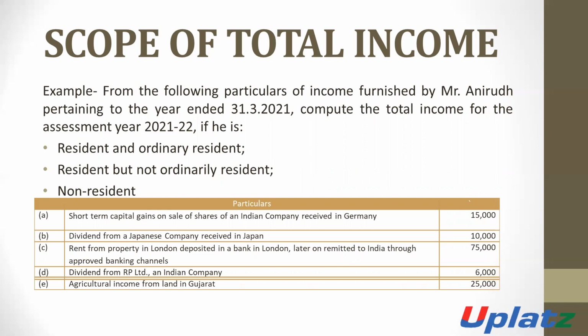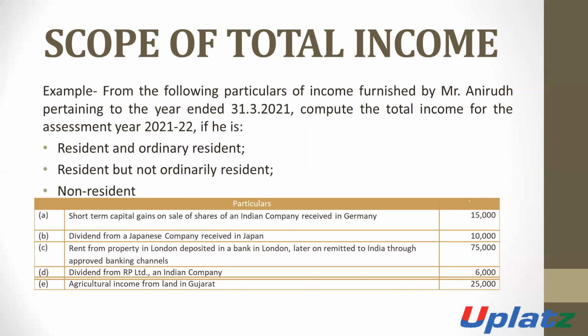There is a requirement to calculate the taxable income of the assessee if he is, number one, a resident and ordinary resident of India; number two, a resident but not ordinary resident of India; and number three, a non-resident.